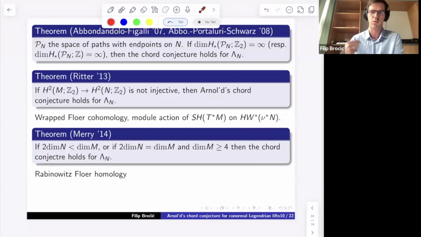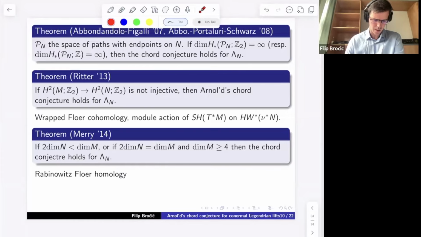And generically, it also gives a lower bound for the number of Reeb chords given by the sum of Betti numbers of the submanifold. And additionally, there is a result due to Will Merry.